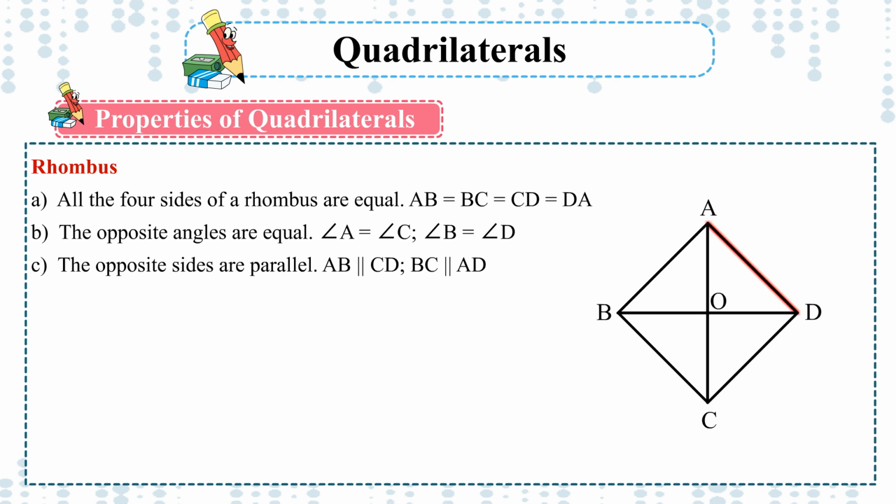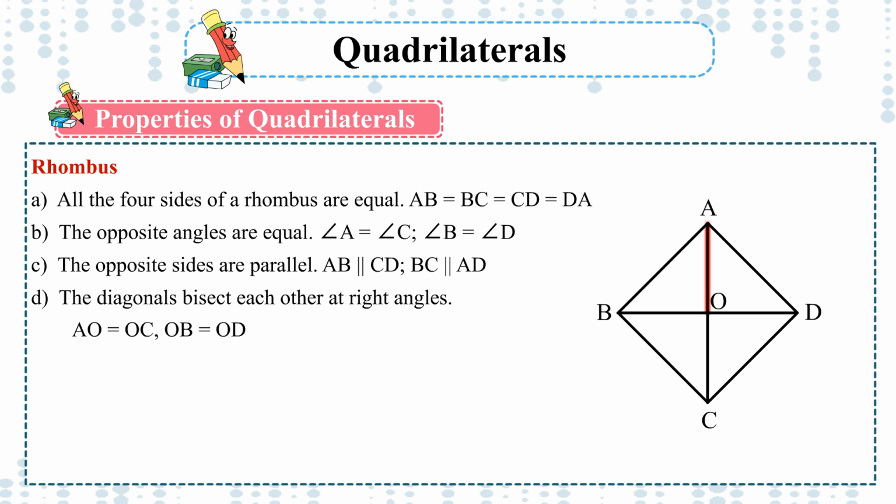BC is parallel to AD. D. The diagonals bisect each other at right angles. AO is equal to OC. OB is equal to OD. Angle AOB is equal to angle AOD is equal to angle BOC is equal to angle COD is equal to 90 degrees.